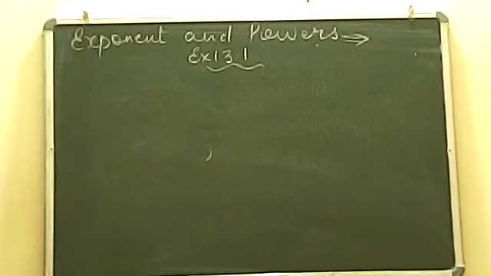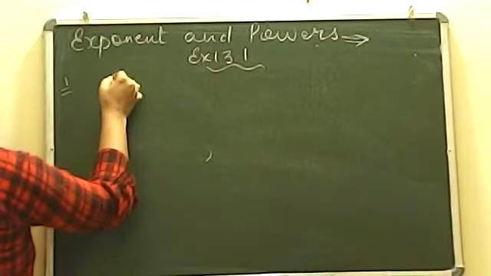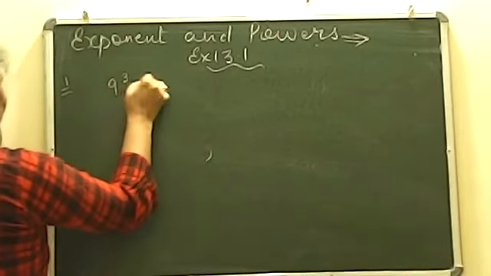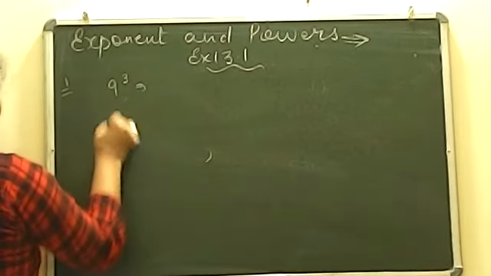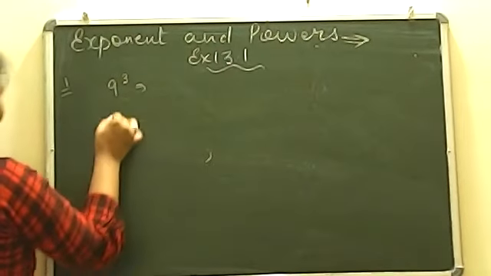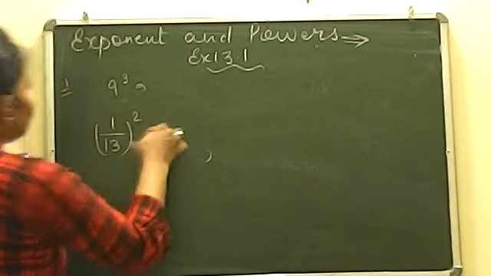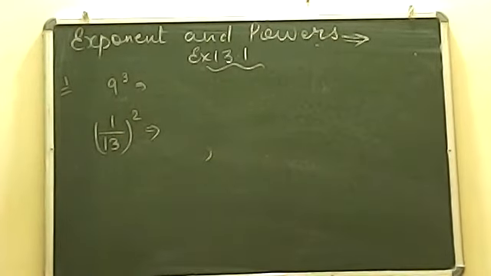First question, it is telling you to find the value. Like suppose the question came 9 to the power 3, the question came 11 to the power 2. I am not taking 11 to the power 2, which is very easy. I am taking 1 upon 13 to the power 2. These two questions I am taking.